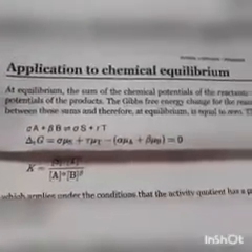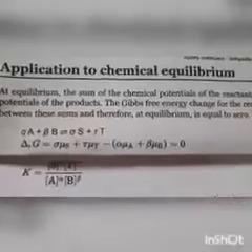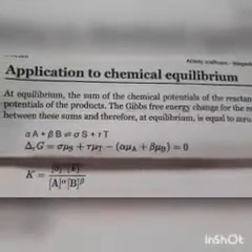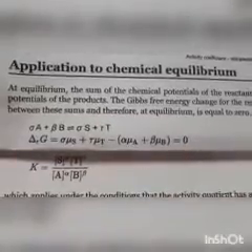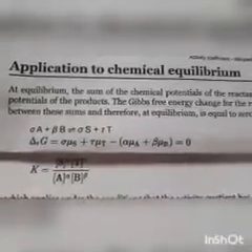K is the product of S and T over the product of A and B.